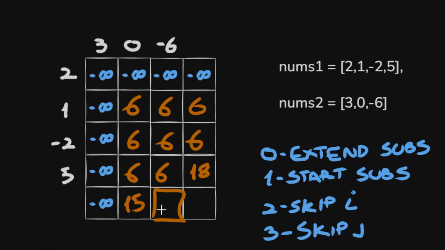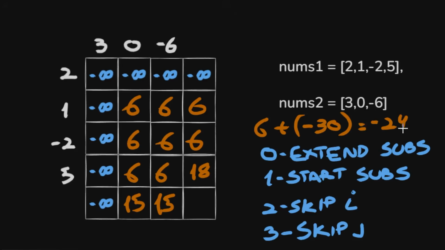The result here is also 15. And finally here, in this scenario, we do 6 plus minus 6 times 5, which is minus 30. And the result here is minus 24. If we start a new subsequence, we do minus 6 times 5, which is minus 30.